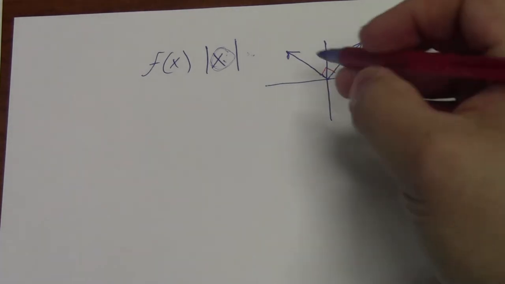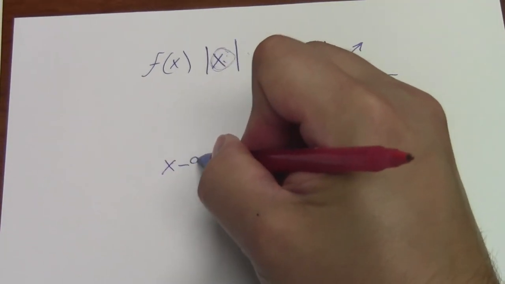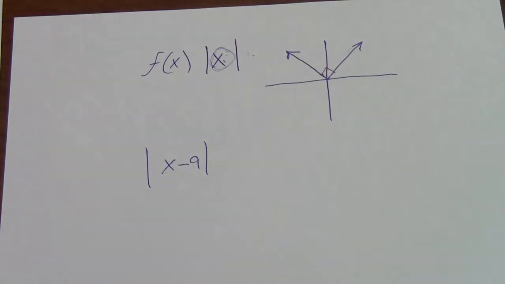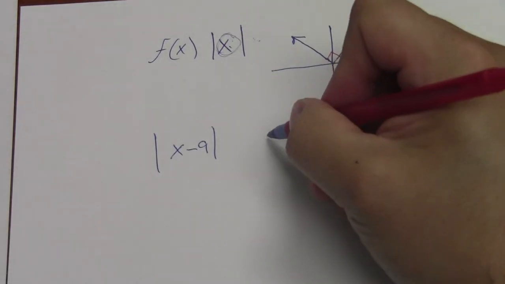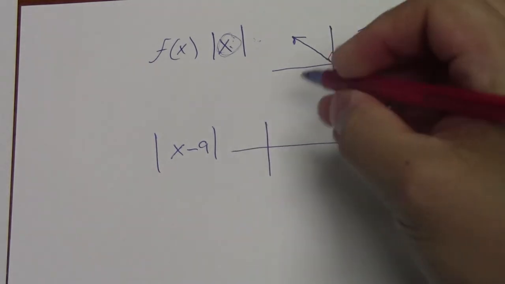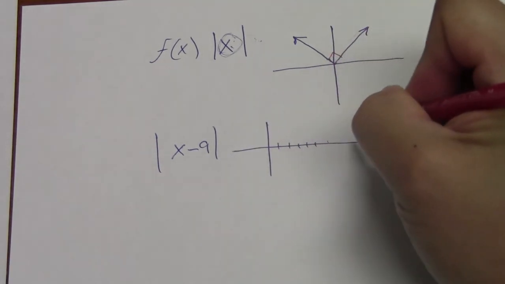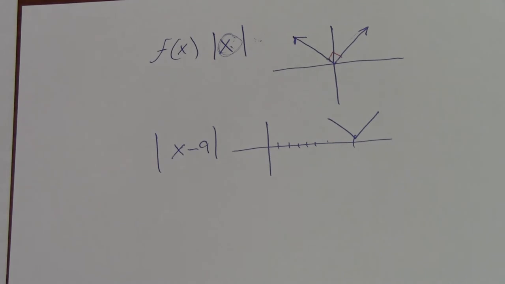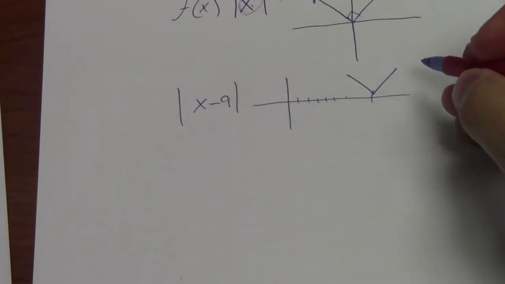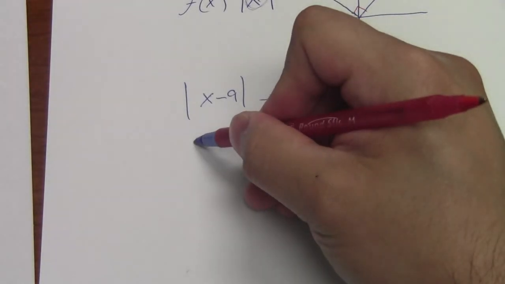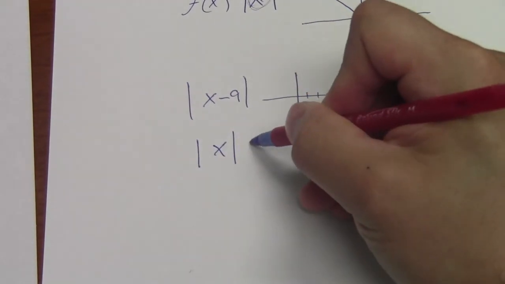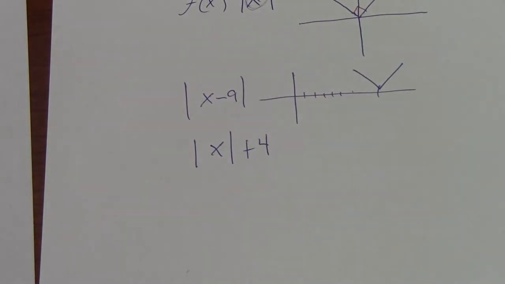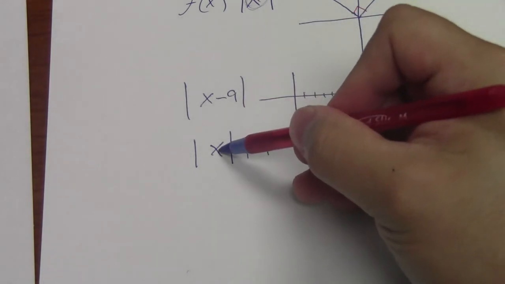All right. Example, x minus 9. All right. In this case, the negative 9 is going to move your graph over. 1, 2, 3, 4, 5, 9. Bam. There you go. If you had an x plus 4, the only thing in here is the x.